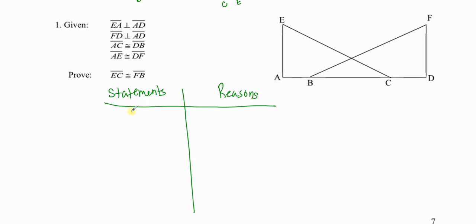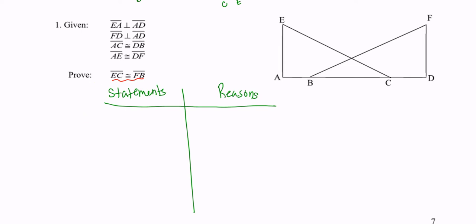Now, the statement side is going to be numbered, and it is going to include a bunch of facts that we know to be true, starting with what we're told in the problem. Ultimately, we're going to try to reach the statement we're asked to prove. On the right side, we're going to be using definitions and theorems we've talked about this year to support why our statements are true. So let's go ahead and get started.